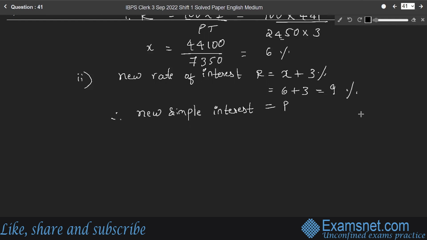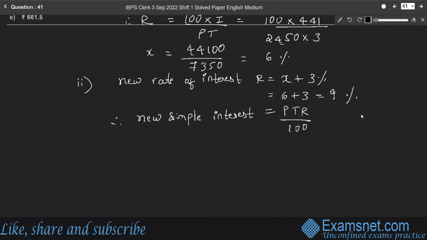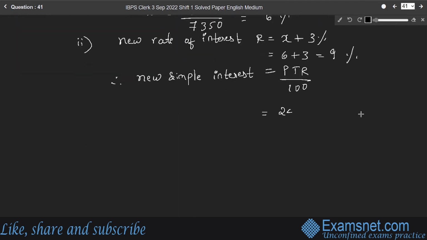So the new simple interest is, again by the formula PTR by 100, principal is the same 2,450, time period is 3 years, rate of interest is 9% by 100.